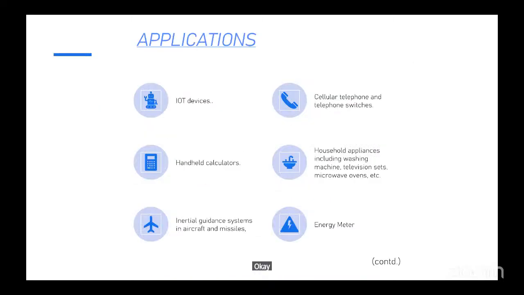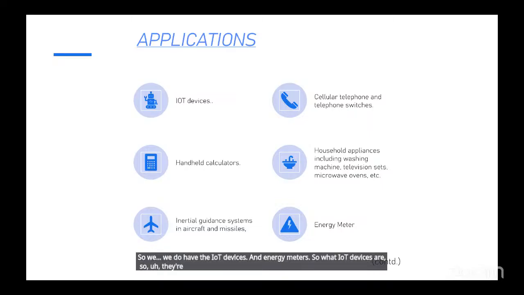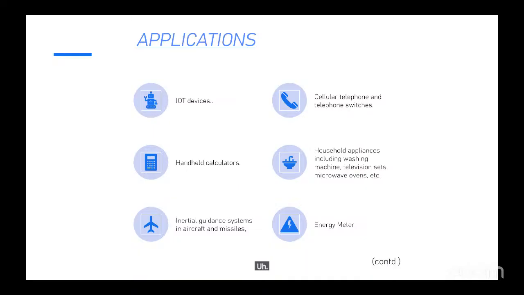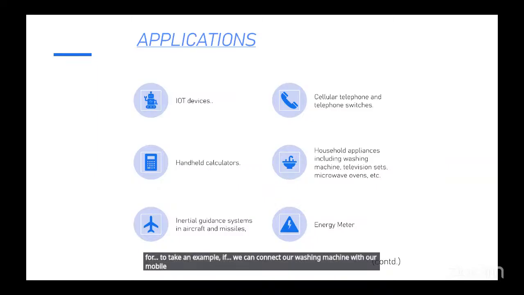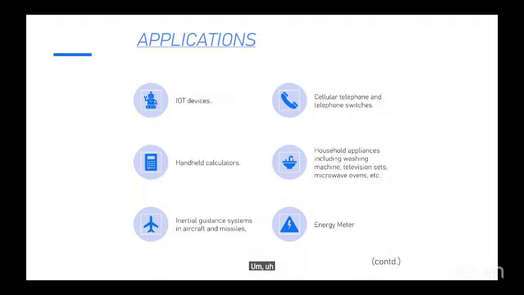Okay, I'll discuss certain applications here. We have IoT devices and energy meters. What are IoT devices? They have wireless or wired connectivity. To take an example, we can connect our washing machine with our mobile application and control the washing machine over wireless protocols.